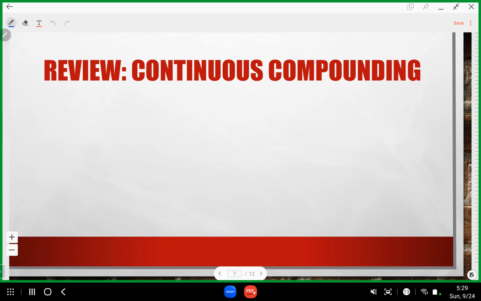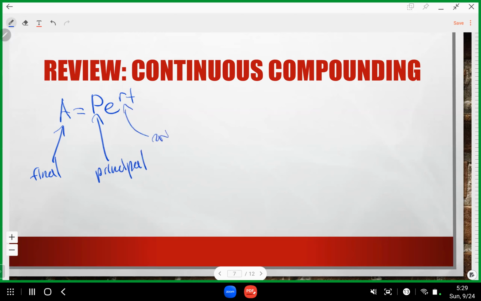Anyways, the continuous compounding formula is A is equal to P times e to the RT, where A is the final amount, P is the principal, e is the natural base, R is the rate, T is time.